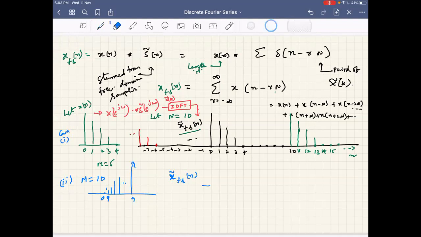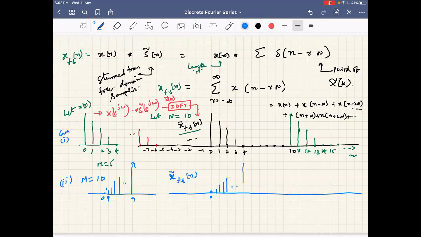When you sketch now the x tilde of n, what will happen? Again, you will be able to get 0, 1, 2, 3, 4, and so on.